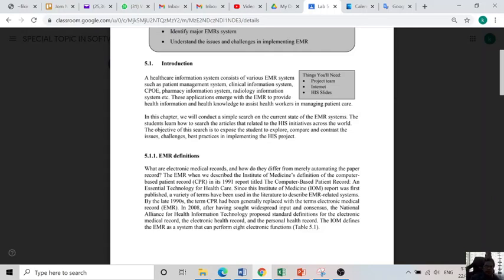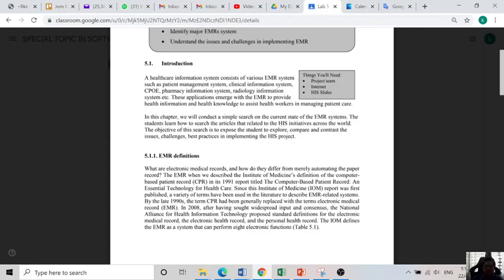In this chapter we will conduct a simple research on the current state of EMR systems. That means you need to define the keywords, search for articles on the internet and download them, read them and collect at least 5 to 10 articles, and then summarize your findings.